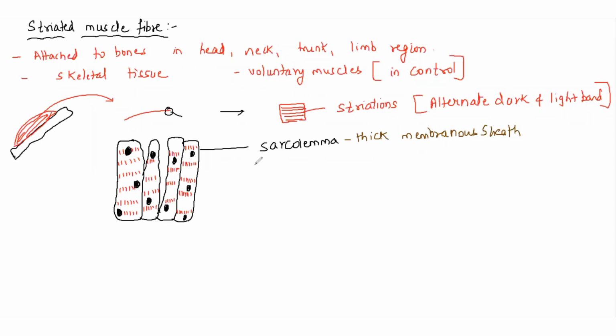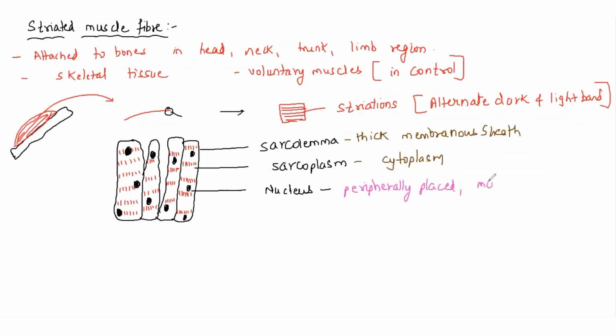Inside there will be fluid present. That fluid I can call sarcoplasm. Sarcoplasm is generally called the cytoplasm of the striated muscular tissue. And there is a nucleus present, though it is not present in each cell. The nucleus is peripherally placed, and at the same time the striated muscular tissue is multinucleated.